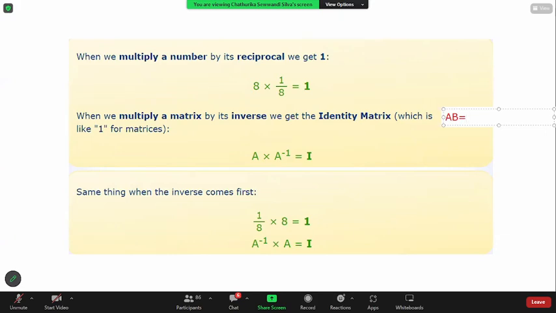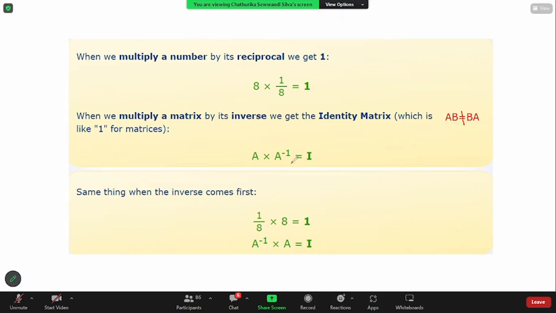A multiplied by B is not always equal to B multiplied by A. For matrices, this commutative property does not hold. So matrix multiplication is not like real number multiplication. Matrix multiplication is not commutative, right?